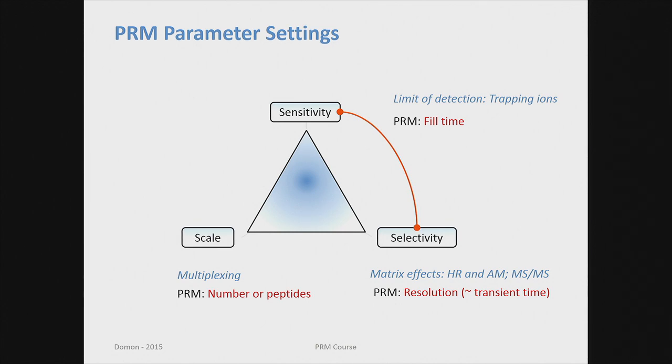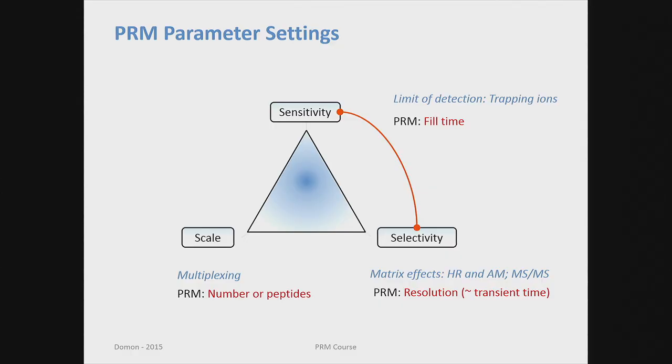And selectivity is how do I tune the resolution, which basically means the transient time, right? On an Orbitrap or on a Fourier transform instrument, you measure the image current. The longer you measure it and you do the Fourier transform, the higher your resolution. Basically, this is the length of your transient, which controls your selectivity.